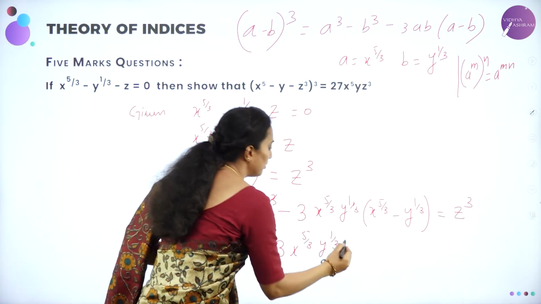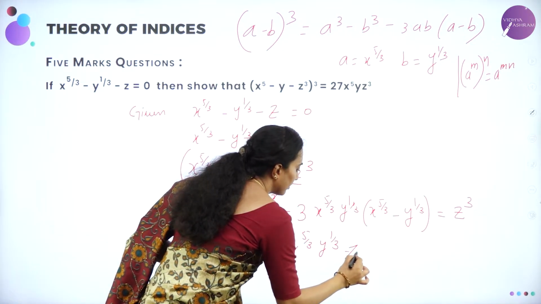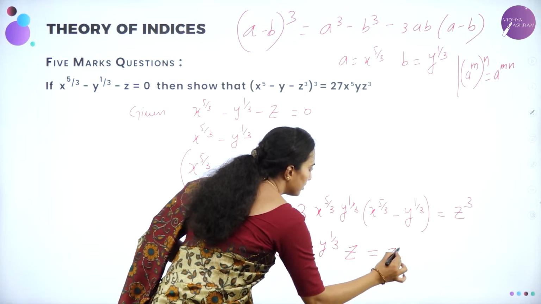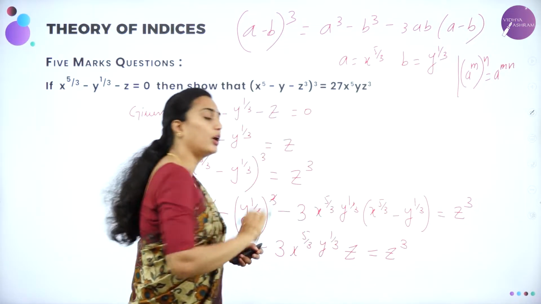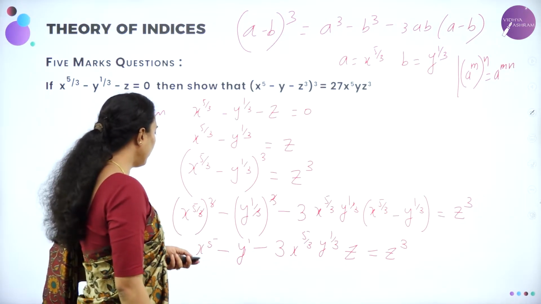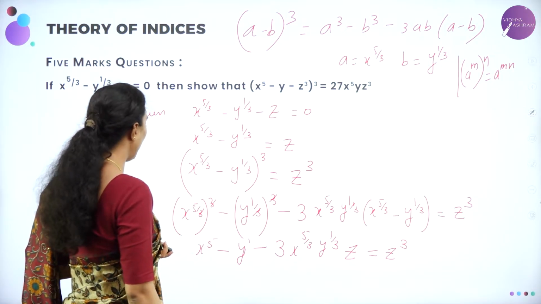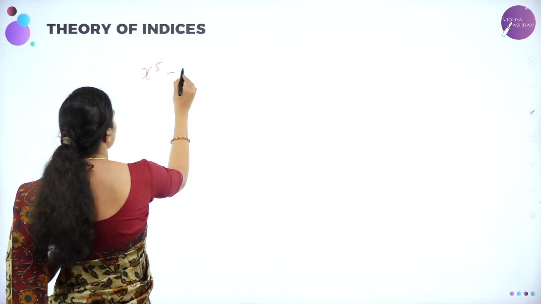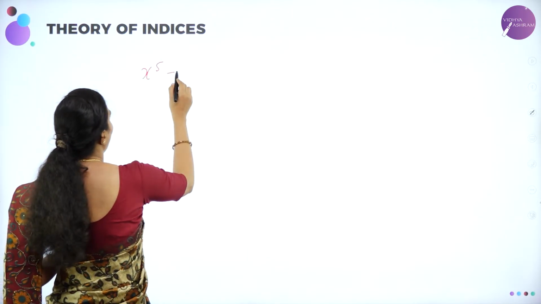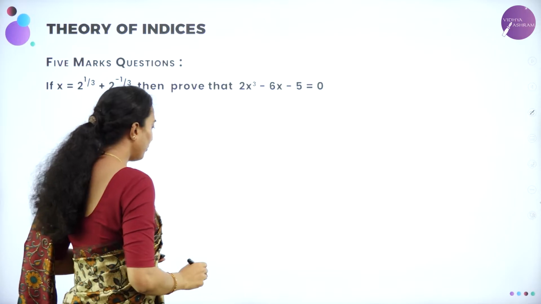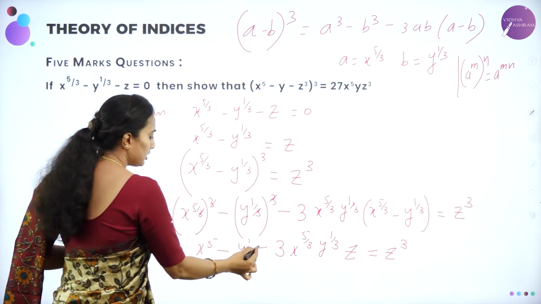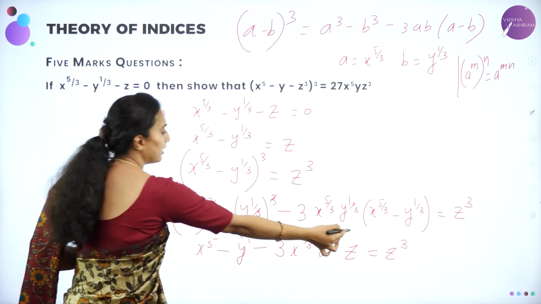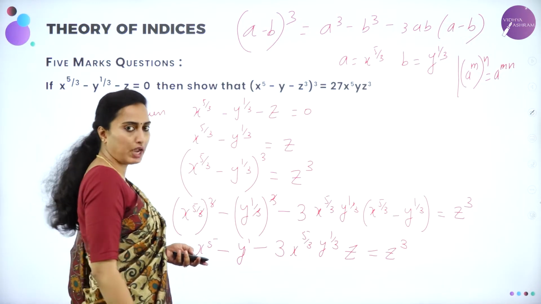So I am going to substitute that. Z will be equal to z cube. Got this one? So the next step will be x power 5 minus y power 1 is y. See, I am going to take this minus sign to that side and z cube to this side. What it will become? Minus z cube.